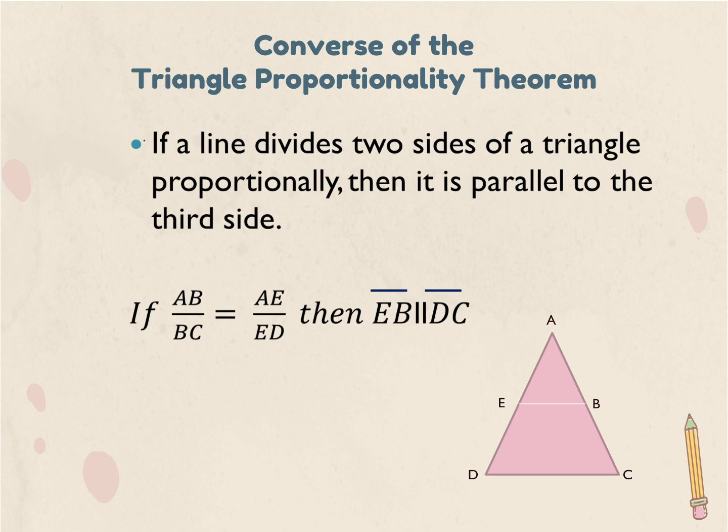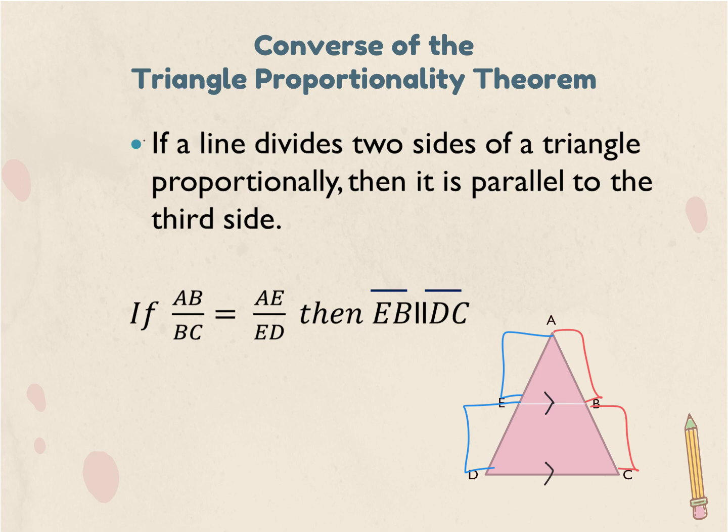Okay, so what does that mean? Again, converse is switched. So I'm starting with what's proportional. AB and BC is proportional to AE and ED. If they're proportional, then I proved that these are parallel sides.